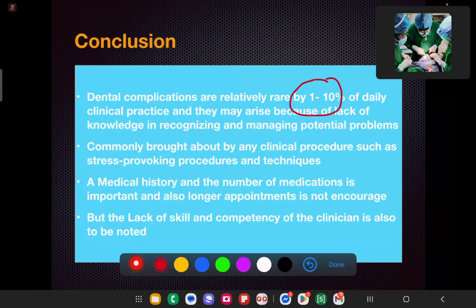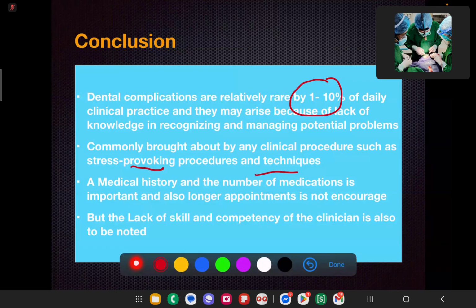Okay? So in conclusion, dental complications are rare, occurring in 1 to 10% of daily clinical practice, and they may arise because of a lack of knowledge in recognizing and, of course, managing potential problems. They are commonly brought about by clinical procedures that are stress-provoking, and by technique. So if your procedure is complicated and long, and stress-provoking, that is where complications normally occur.